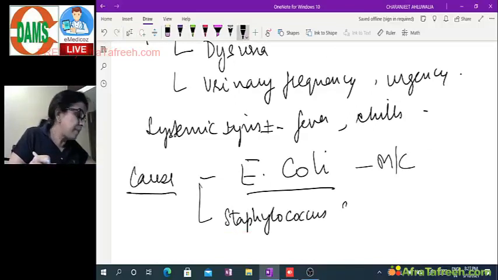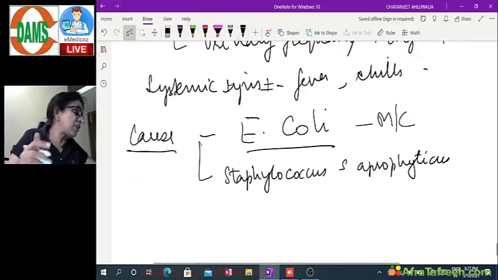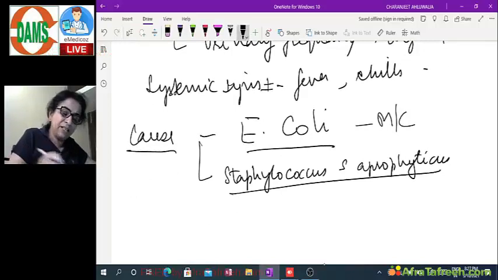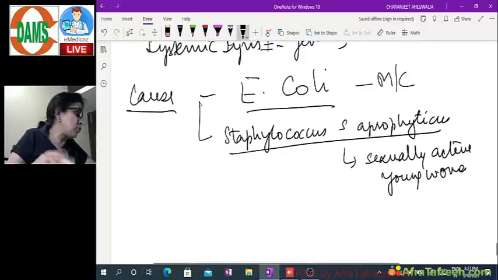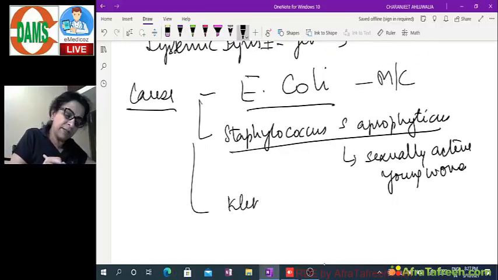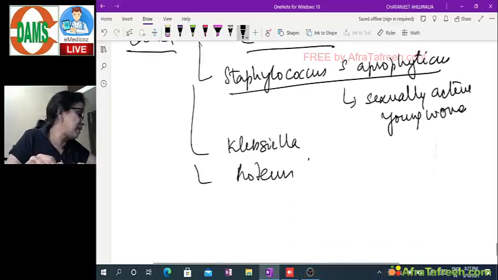Staphylococcus saprophyticus is seen in sexually active young women. And then of course Klebsiella and Proteus. All these organisms can cause this.